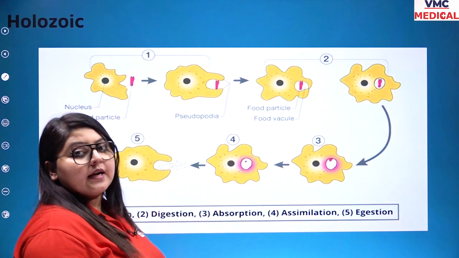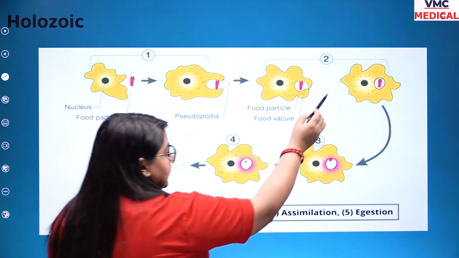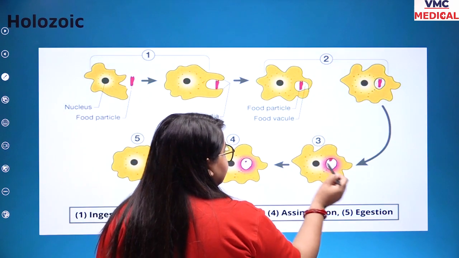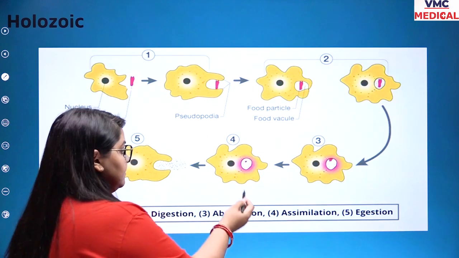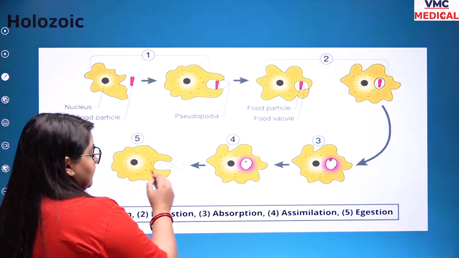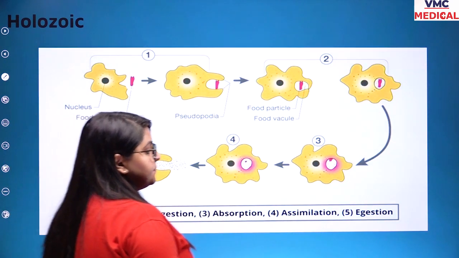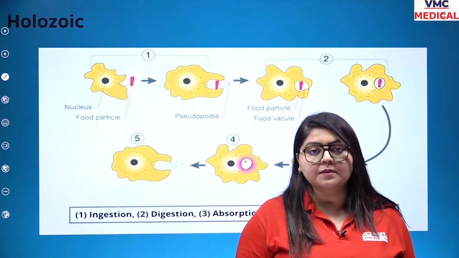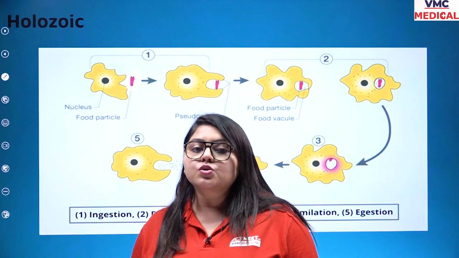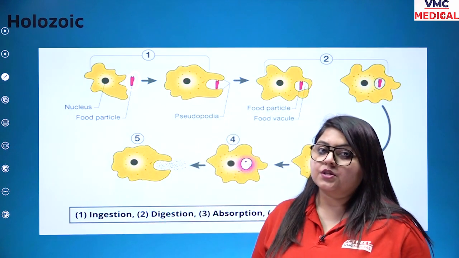It has captured that, right? Food vacuole is being made. Now this is digested, utilized and excreted out. Clear? So these are the 5 steps which we follow in holozoic mode of nutrition.